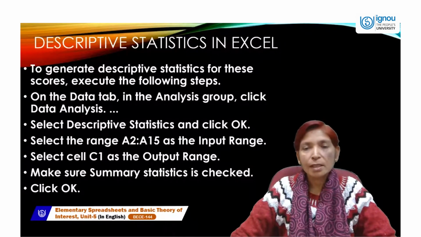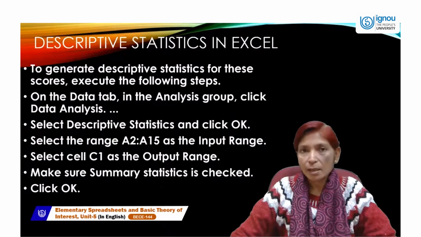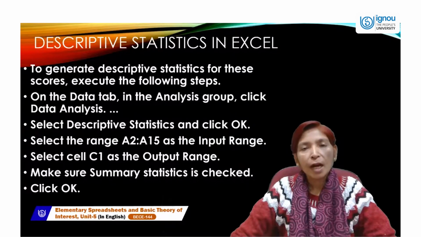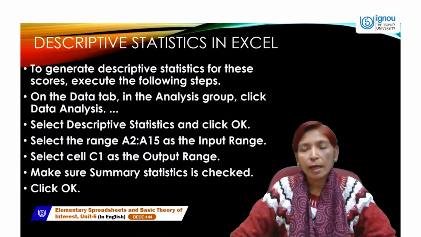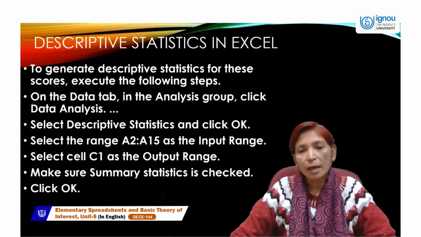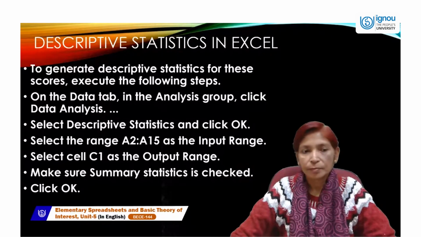So in descriptive statistics in Excel, to generate descriptive statistics for this course, we have to follow some steps. What are these steps? Number one, on the Data tab in the Analysis group, click Data Analysis. Second, select Descriptive Statistics and click OK. Then select the range A2:A15 as the input range.